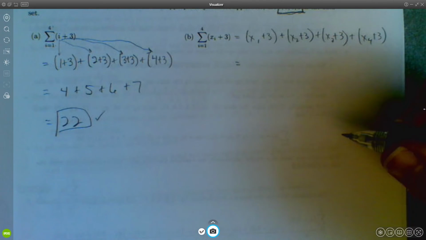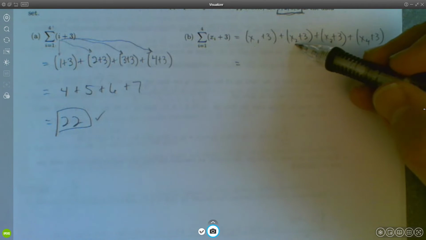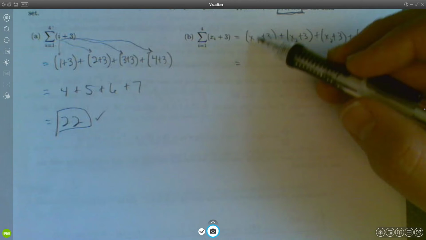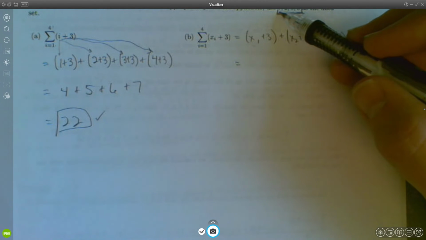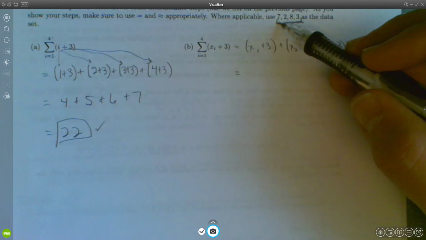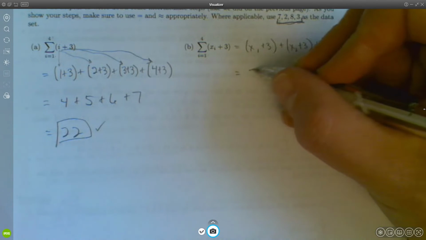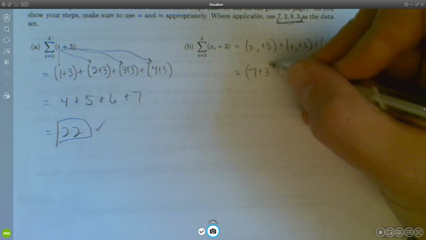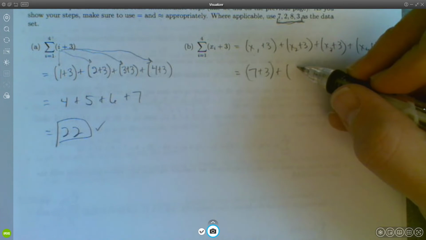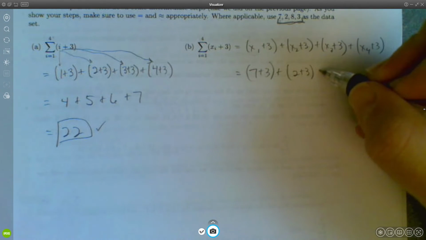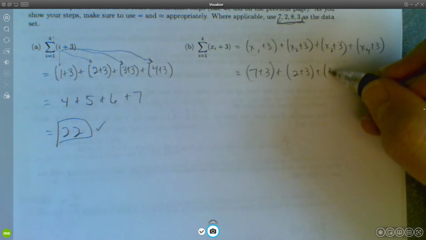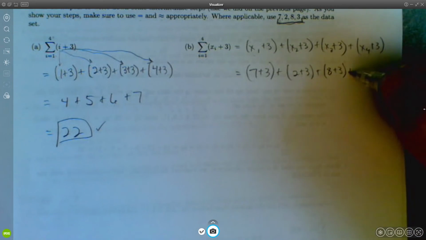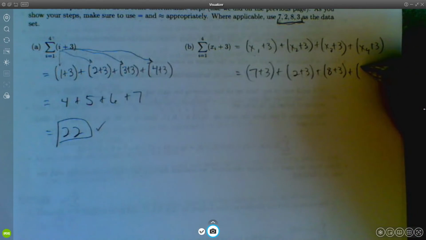And now I can replace these x's with their corresponding values from the data set up here, right? So x1 is 7, x2 is 2, x3 is 8, and x4 is 3.